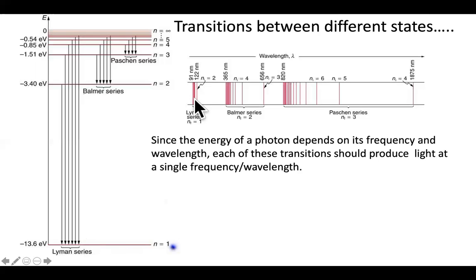This is something in the ultraviolet, around 122 nanometers. So if you know what the energy levels are, you calculate the difference between all of them, you can predict where all of these transitions are in energy, and where all of these transitions are in wavelength.